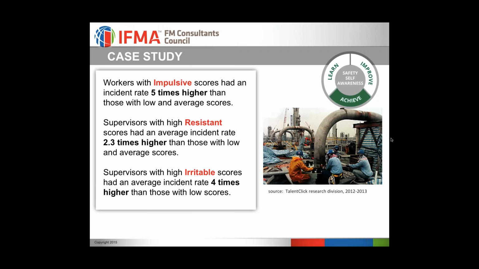So this organization is now doing a lot of training with the supervisors and foremen on how to manage themselves and how to communicate more effectively to the crew members. Keep in mind, many organizations with more blue-collar workers often promote those workers into a management role because they're the best pipe fitter or carpenter or electrician or whatever it might be.